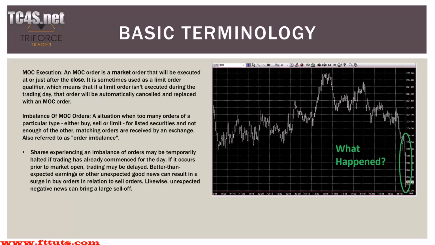Can you make a system out of that? No, because you don't get those huge exogenous billions of dollars being left going into the market close every day. I would say it happens maybe 5 to 10 times in a year.